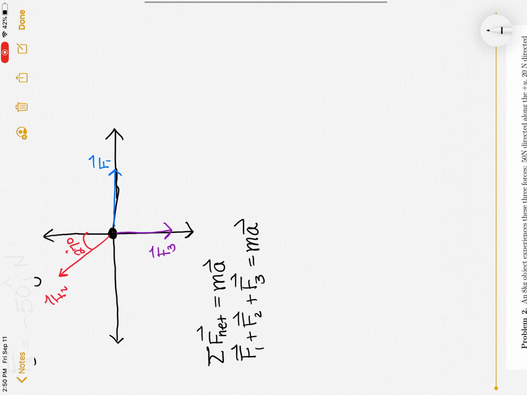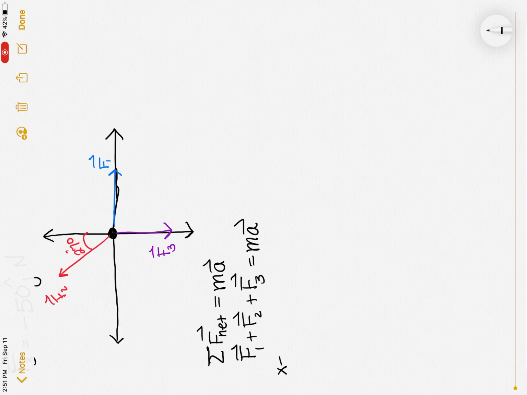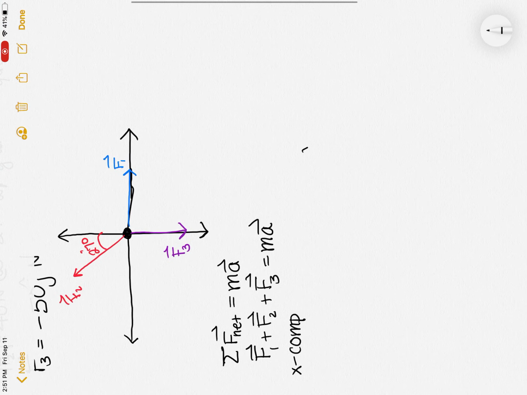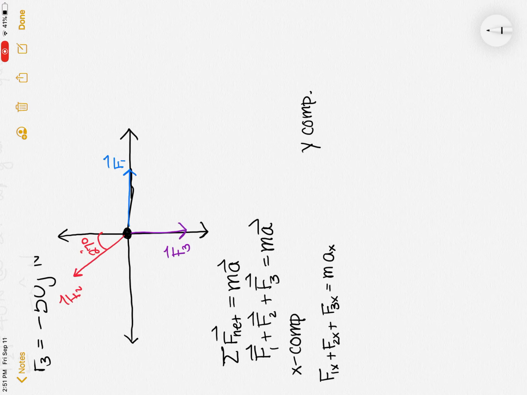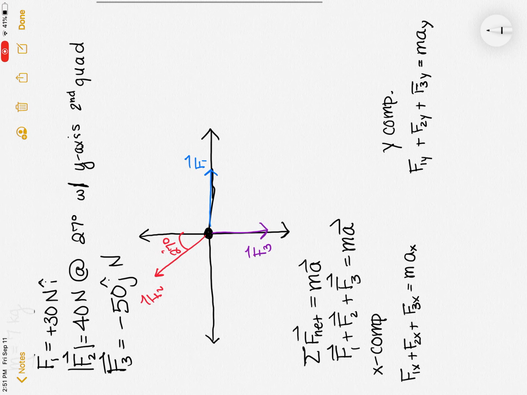So we have to look at the problem with the x component and the y component. So in the x component, I have F1x plus F2x plus F3x is equal to the mass times the acceleration of x. For the y component, I have F1y plus F2y plus F3y is equal to m a y.